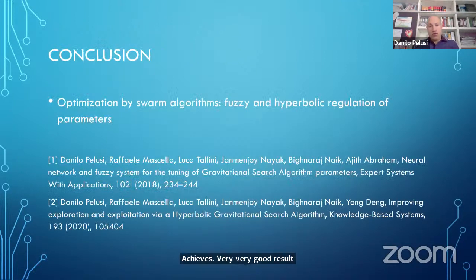And in conclusion, in order to solve the problem of complexity, it's very important to consider soft computing techniques, in particular optimization by swarm algorithms, enhanced by fuzzy systems, and, taking into account the design of these fuzzy systems, in particular of fuzzy rules, consider a hyperbolic approach to regulate important parameters.